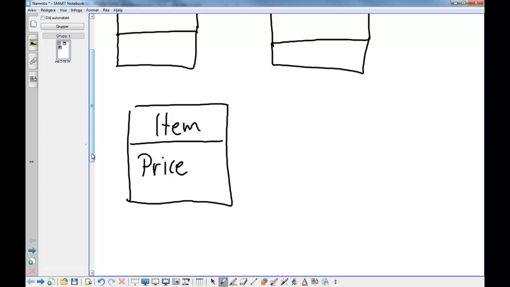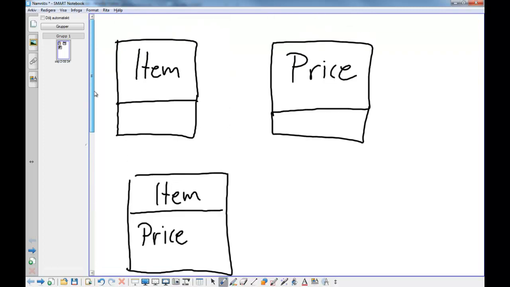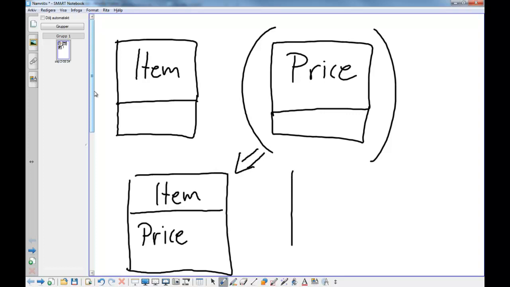So we remove the price concept and use it as an attribute instead. We could definitely argue for that. It's just a number. It's nothing important enough, at least, to be a concept on its own. So this is acceptable, but we could also keep the price concept.